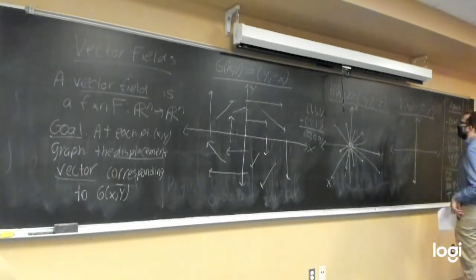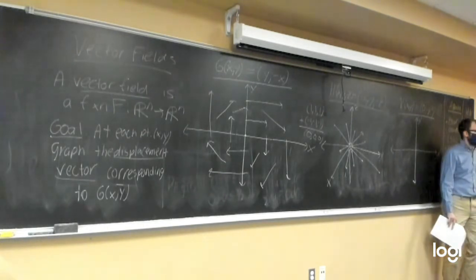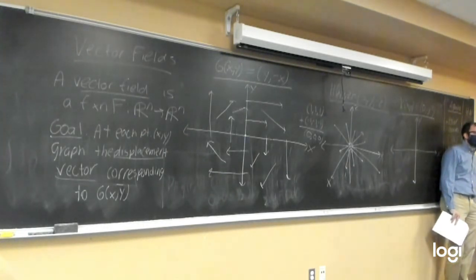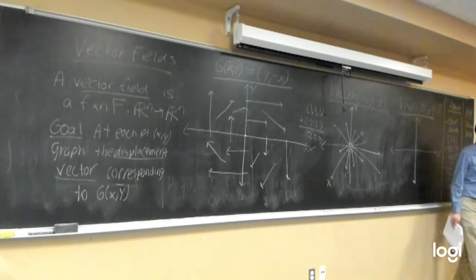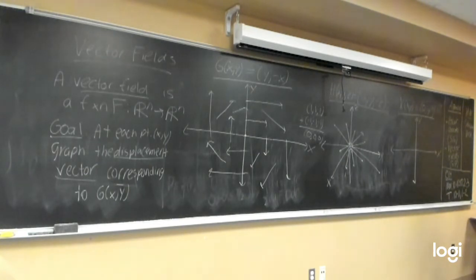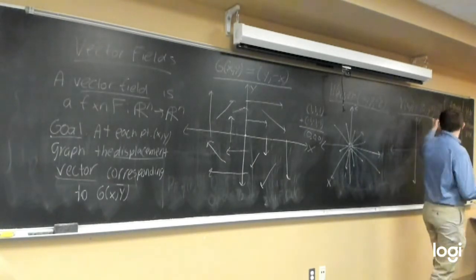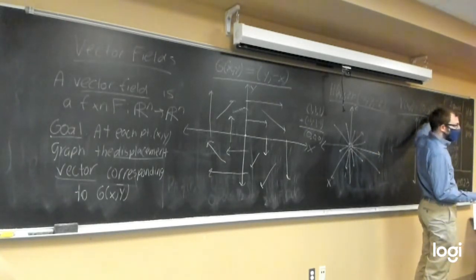How about this one? K of x, y equals 0, y squared. What sorts of patterns ended up happening in this one? Ollie? Mine look like they all pointed to perfect squares. Oh, they're pointing to coordinates whose second coordinate is a square number.